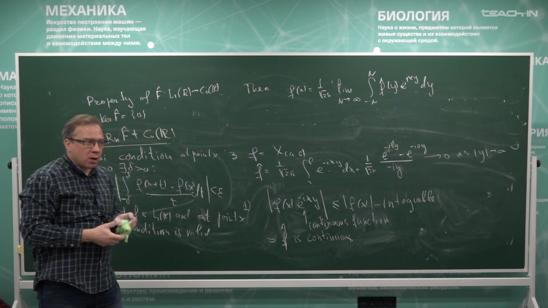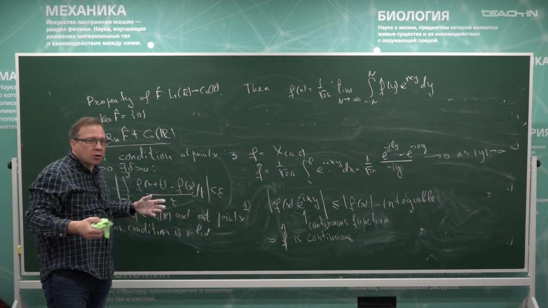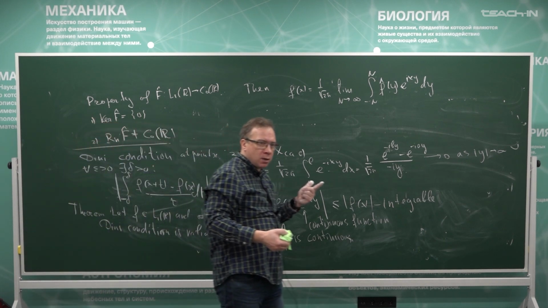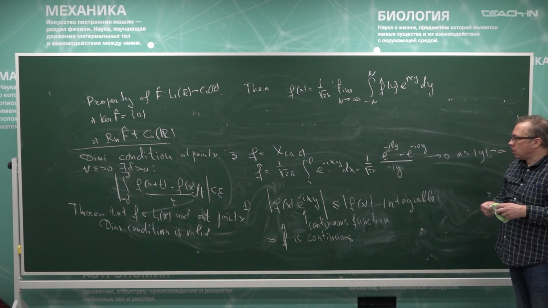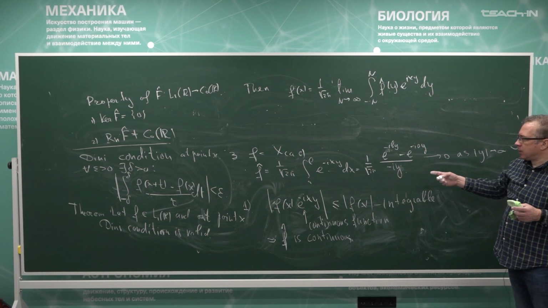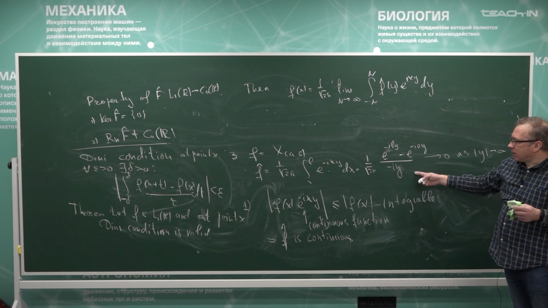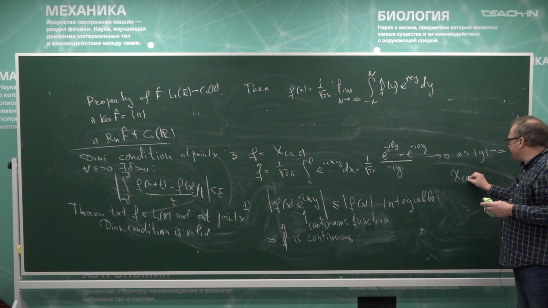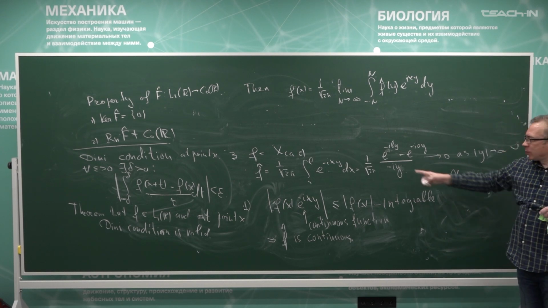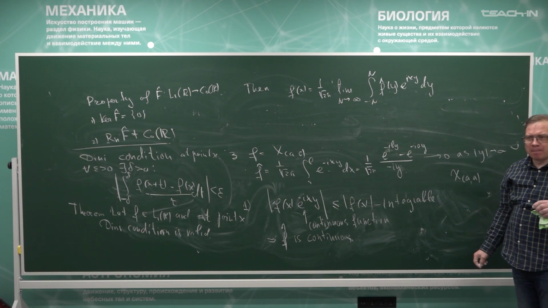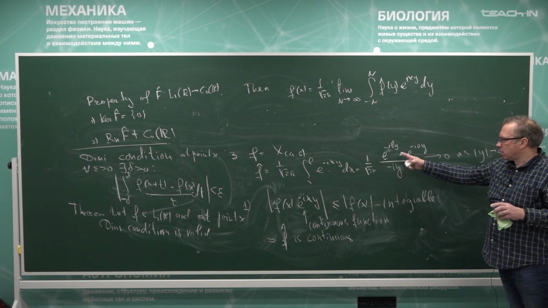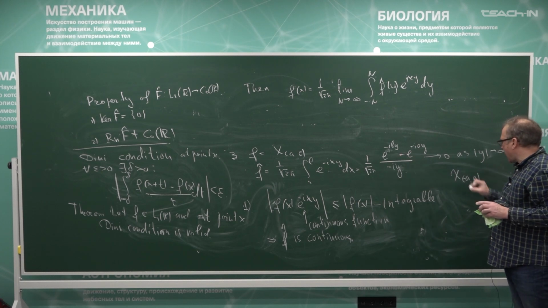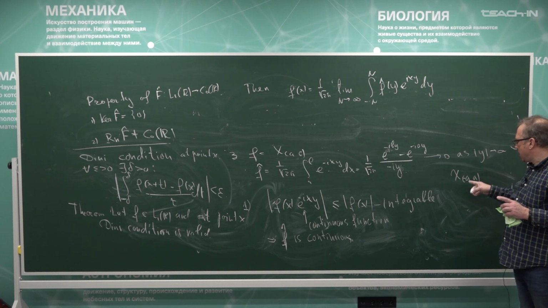For an arbitrary function from L1, we cannot reconstruct the value of the function at point x with the inverse transform. Because, for example, let's consider the interval from minus A to A. What happens if we consider it symmetric?